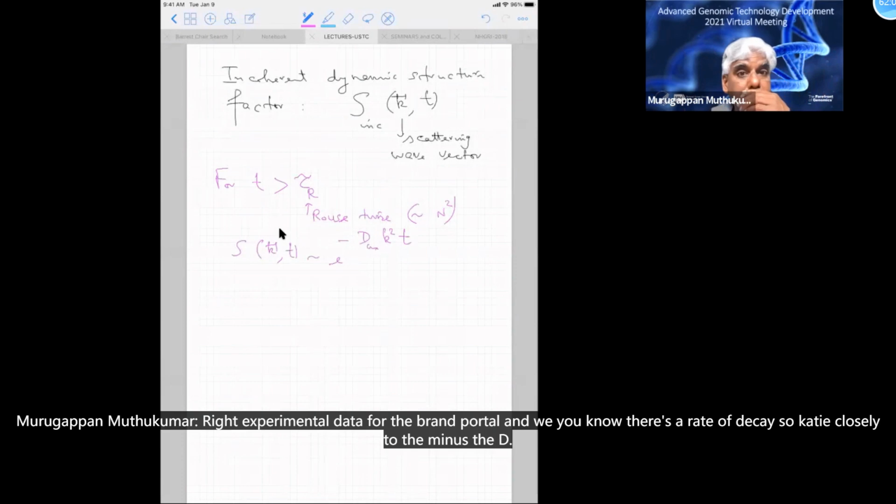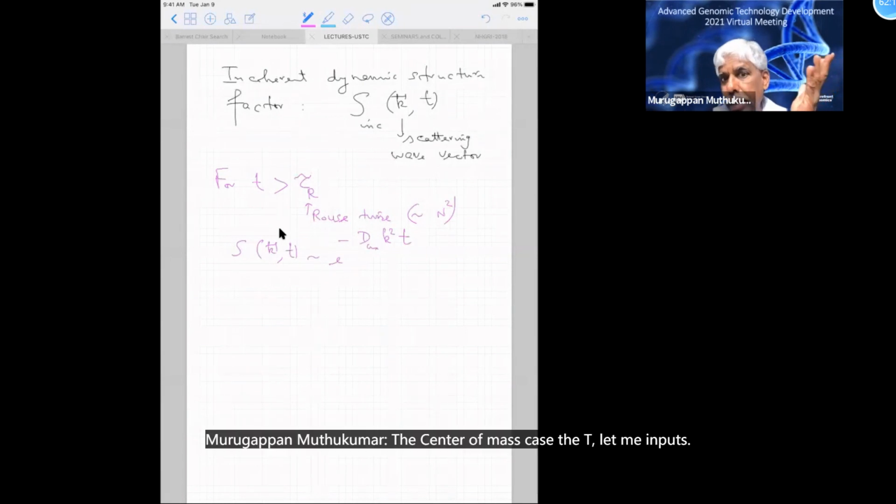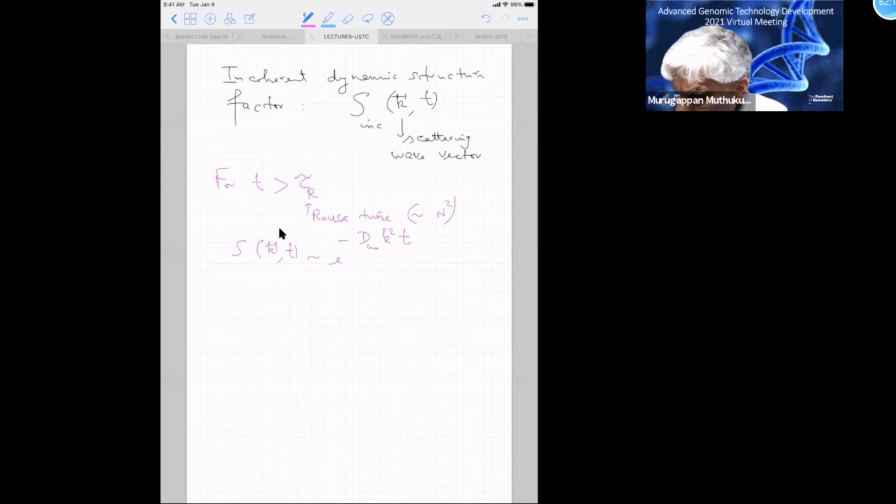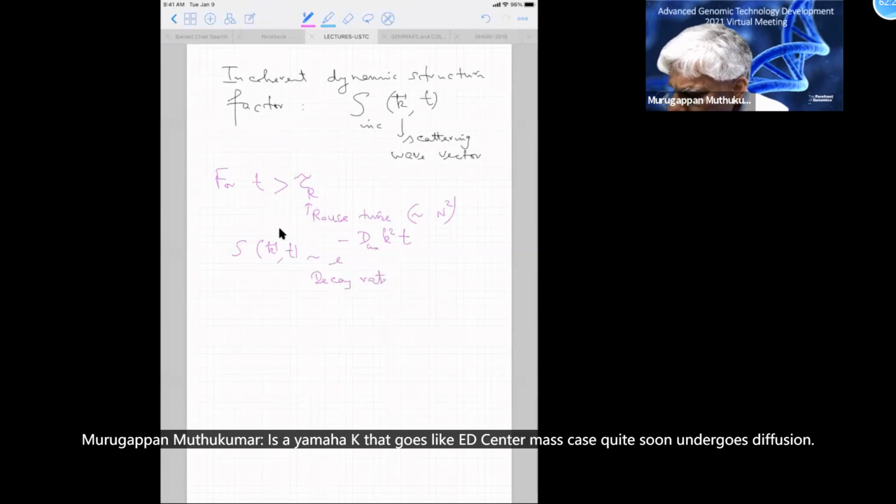Remember, we looked at the experimental data for a Brownian particle. And there's a rate of decay. S(k, t) goes like e to the minus D center of mass k squared t. That means the decay rate Gamma(k) goes like D center of mass k squared.